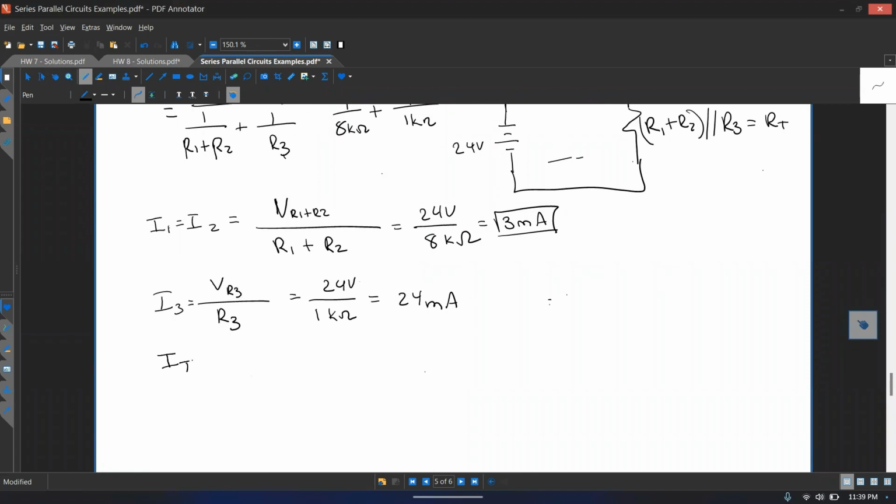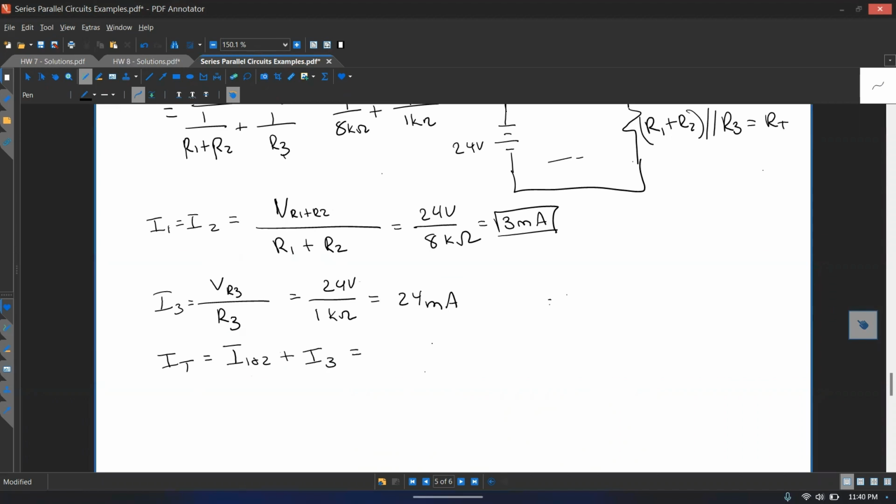So I total is equal to, we call this I1, 1 and 2, plus I3.